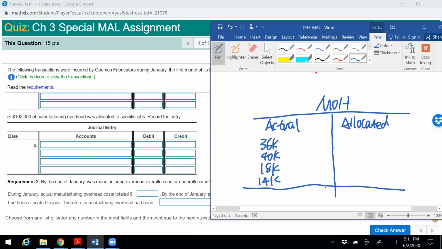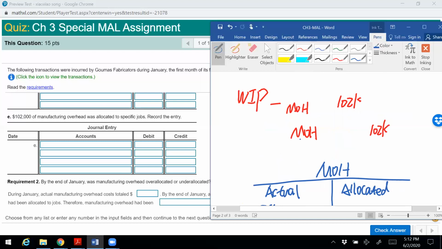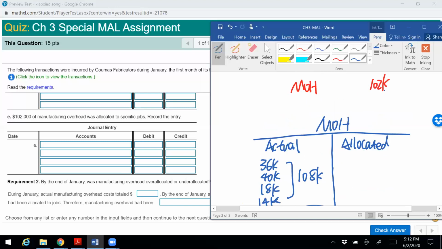I need to use my phone calculator. 36 plus 40 plus 18 plus 14 equals 108. So the total is 108,000. On our credit side, when we allocated, it is 102,000.